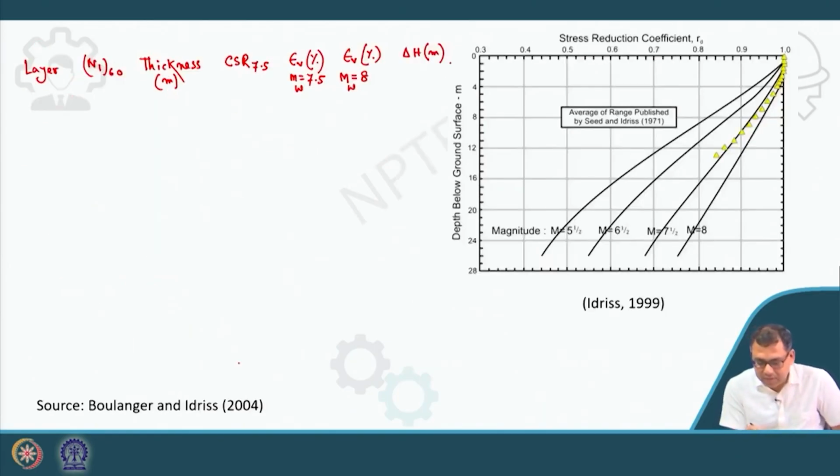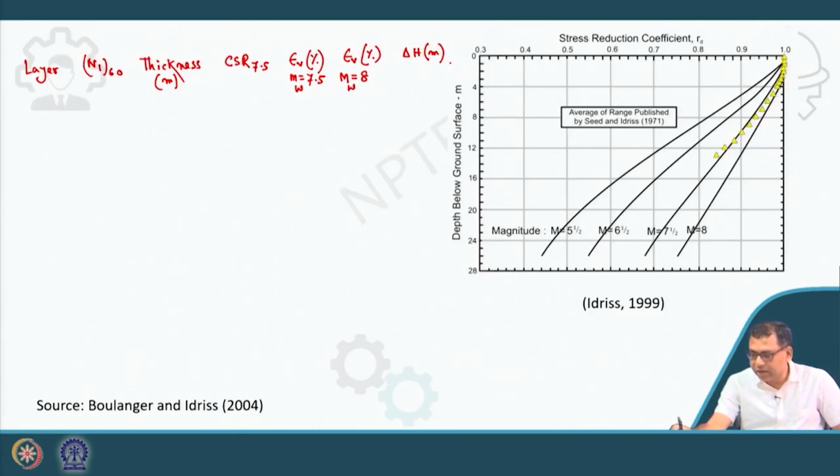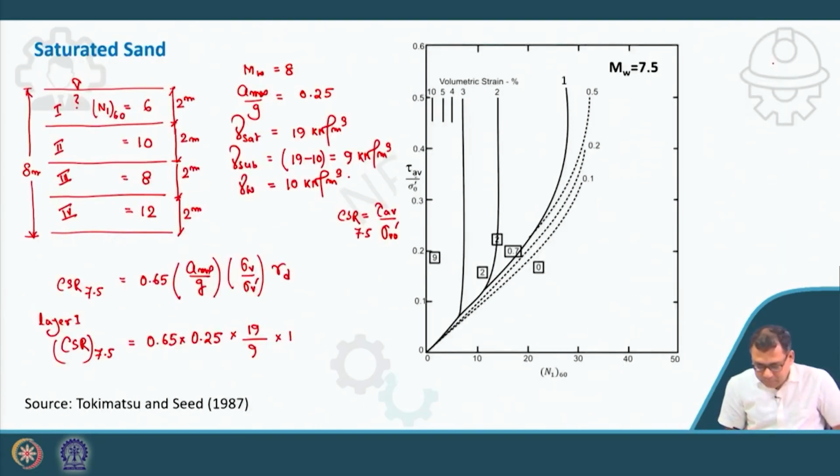Again I am taking the middle of the layer, so that is at 1 meter, and rd will be equal to 1. You can see, using the same chart, rd will be 1 here also. So, this value is 0.343. So, for layer 1, N1,60 is 6, and CSR is 0.343.